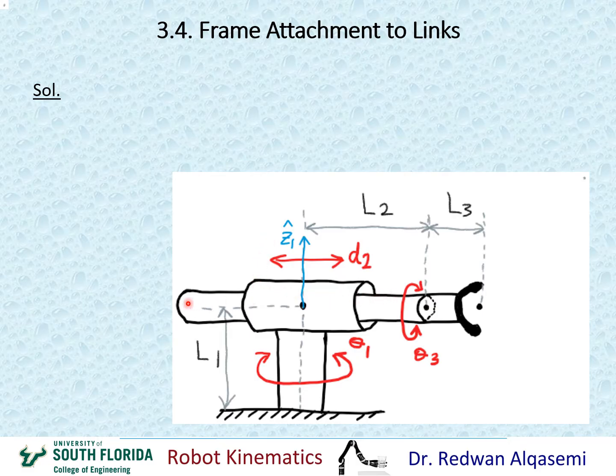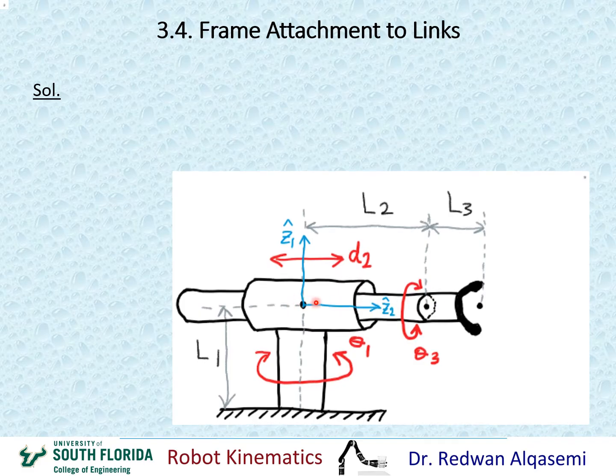Now Z2 is the axis of motion for the second joint. The second joint is a prismatic joint that moves this way. So the axis of motion is the axis that moves this in that fashion. This line here would be the Z2 line, which is the axis of motion for joint 2. So I'm going to draw Z2 right here.